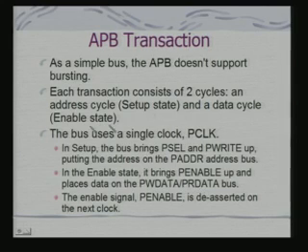So, enable is the data cycle, and this data cycle is controlled by your enable signal. The enable signal will be deasserted on the next clock cycle. So, you can realize it is a very straightforward and simple bus consisting of 2 cycles, and that is the typical feature of most peripheral buses.